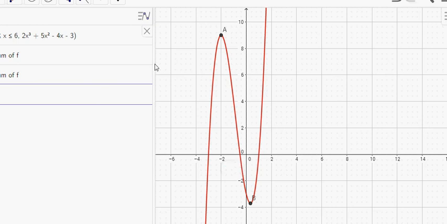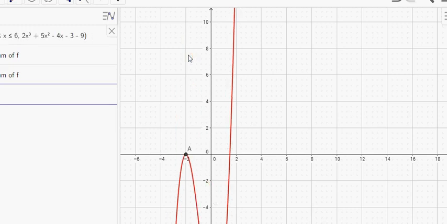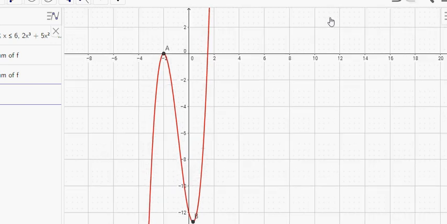So in other words, if we subtracted 9 from our function, it should bring the entire graph down to here. So let me just see if I can do that here. So we'll put in a minus 9 here, and you can see the entire graph has moved down.